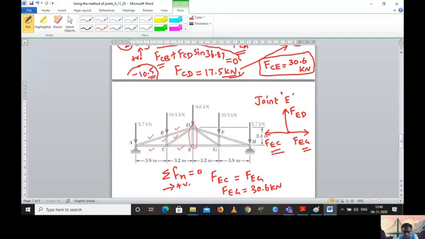So this is the equilibrium condition. Coming to the vertical, you have only one vertical force, FED. There is no other vertical force acting, so the force in this member is 0. This particular member is called a zero force member.